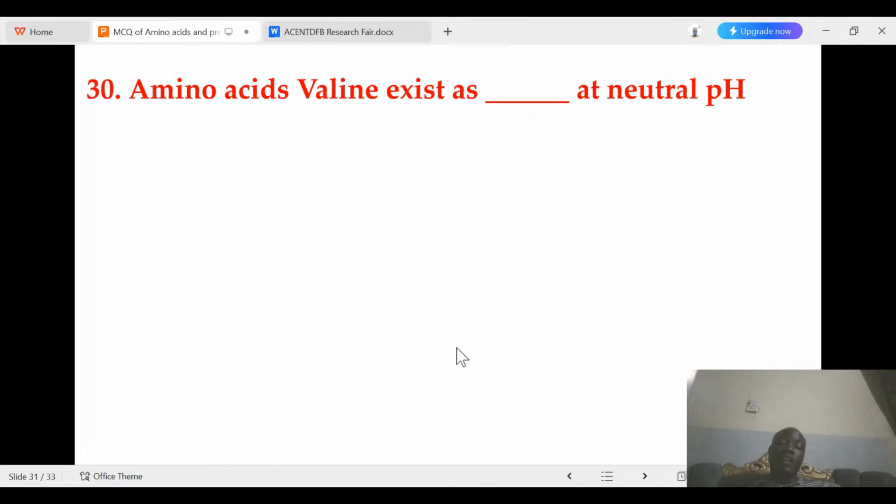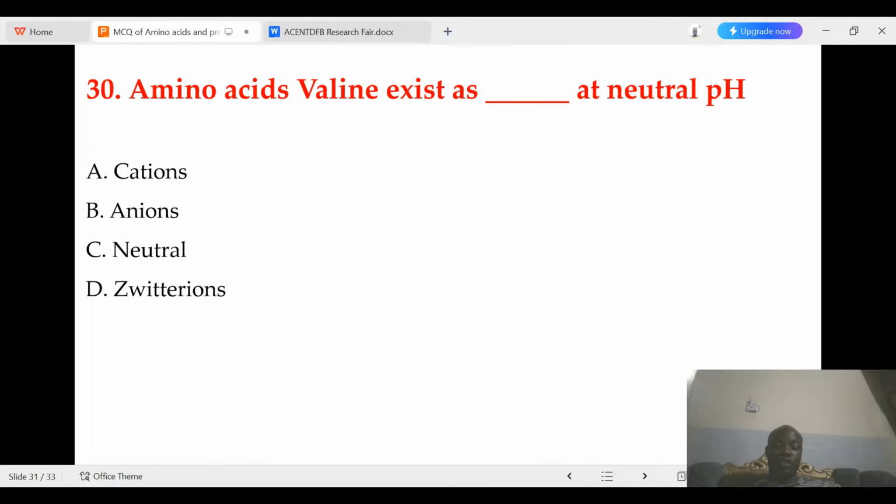The amino acid valine exists as dash dash dash at neutral pH. A, cations, B, anions, C, neutral, D, Zwitter ions. So at neutral pH, what is the nature of valine? Is it cationic? Is it anionic? Is it neutral? Or is it a Zwitter ion? What is the answer to question 30?